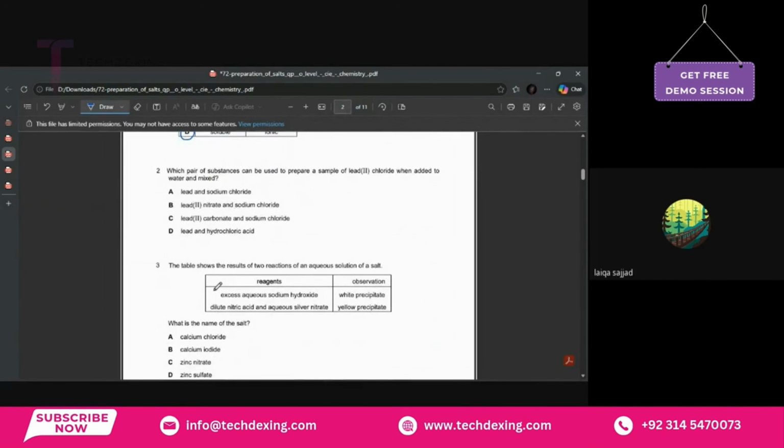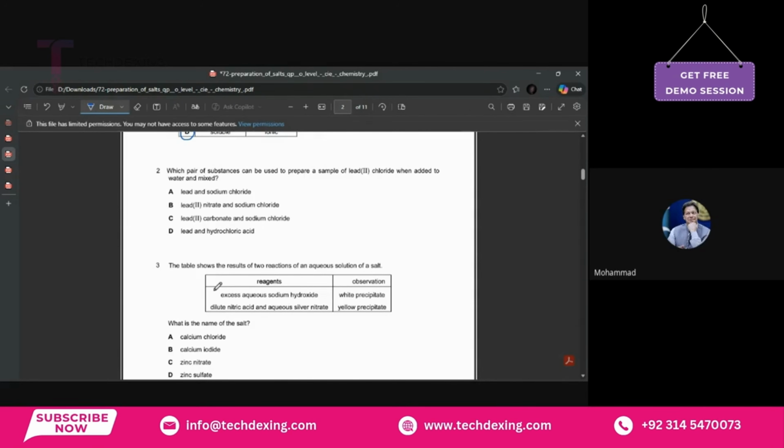Okay, which pair of substances can be used to prepare a sample of lead chloride when added to water and mixed? Is lead chloride soluble or insoluble?